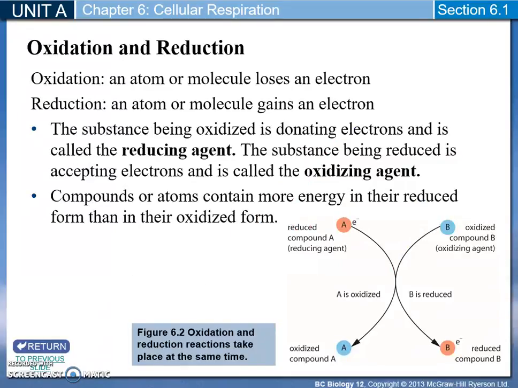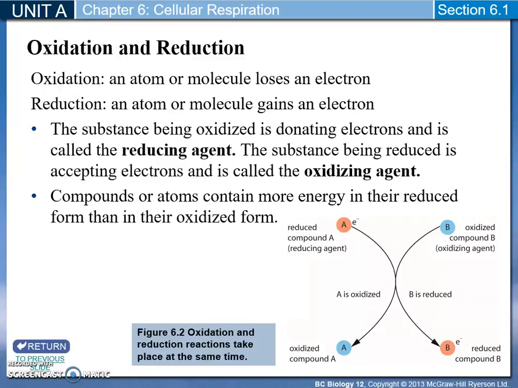You also need to understand the concept of oxidation and reduction in reactions. Essentially, oxidation is where a substance, an atom or a molecule, loses an electron. On the other hand, reduction is where another substance, an atom or a molecule, gains an electron.